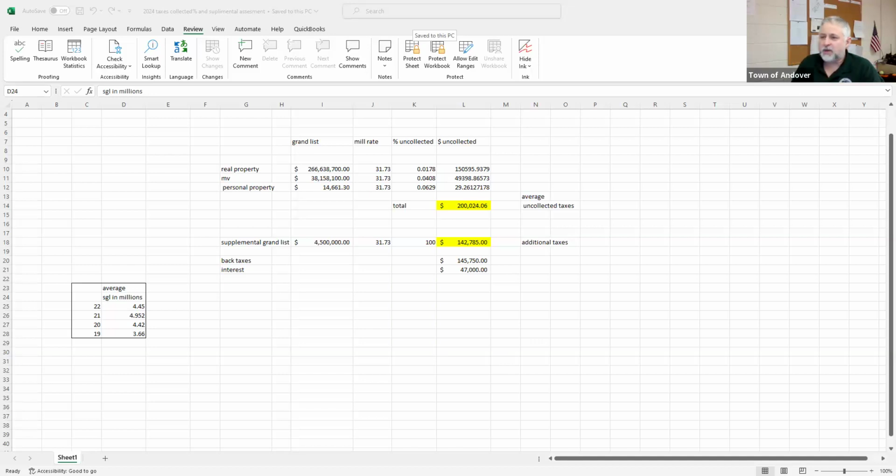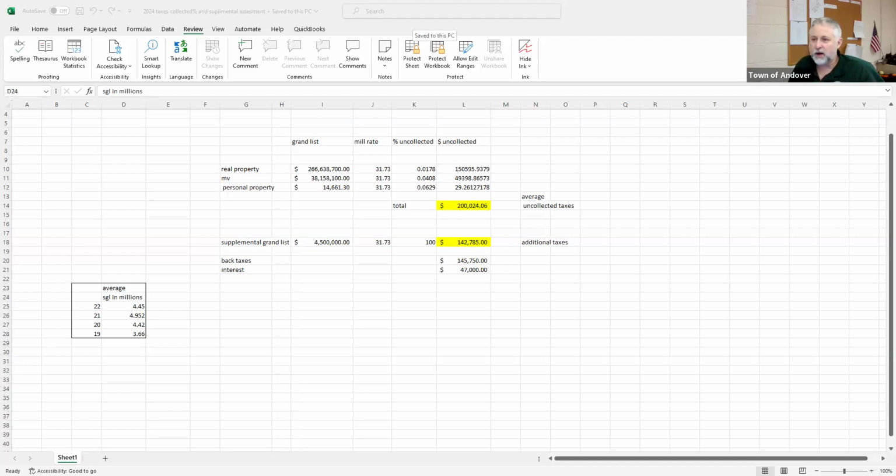What we have not been doing, since before my time, was accounting for the fact that we never collect 100% of the taxes in any given year. At the same time, we have also not been including as revenue the supplemental grand list. The reason is those two things most years cancel each other out pretty effectively.